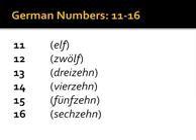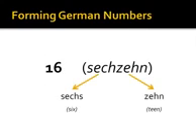We have numbers 1 through 10, which are formed essentially the same way as they are in English. Even the teens are formed the same way. So let's take a look at number 16, for instance. Take that word apart. We have sechs, which is 6, and zehn, which is 10, and which is analogous to the English teen.